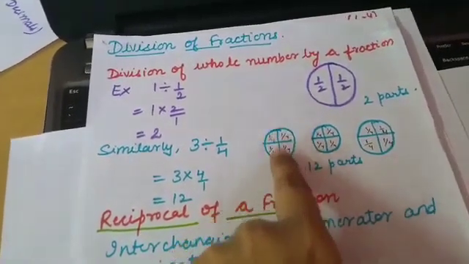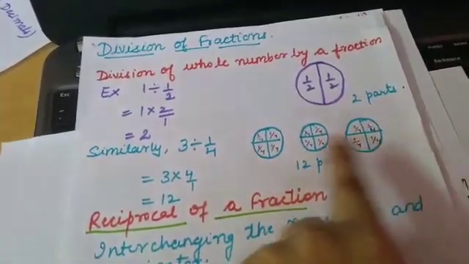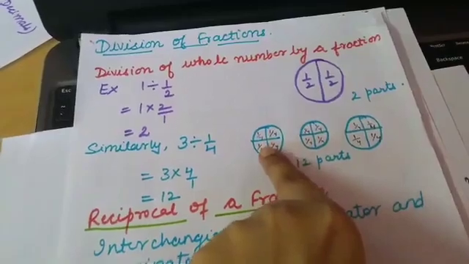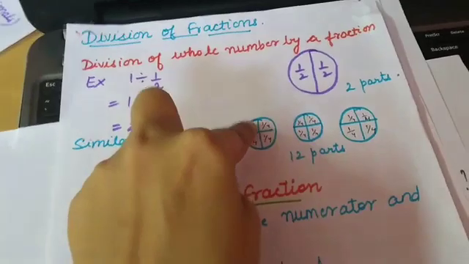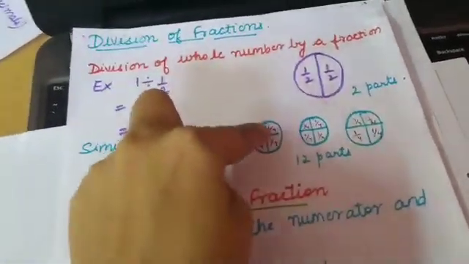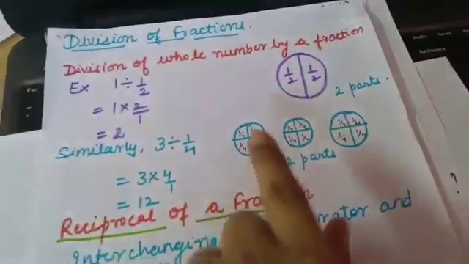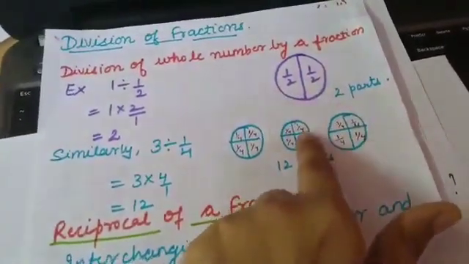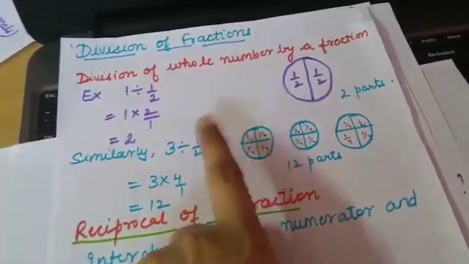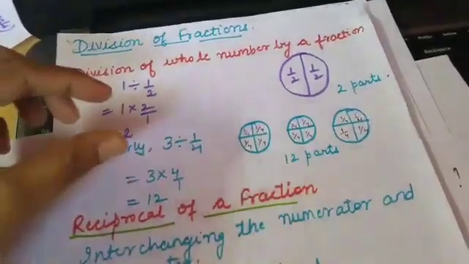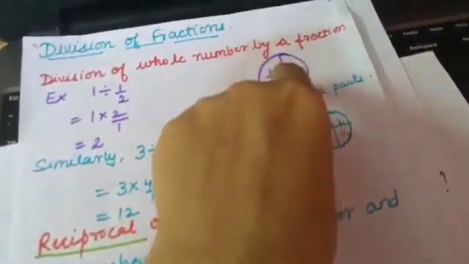How many parts are we getting if we divide these 3 wholes into 1 by 4 parts of each whole? That is 12 parts. We can see that we are getting 12 parts. So you can observe that 3 divided by 1 by 4 gives you 12. This I have explained by this diagram.